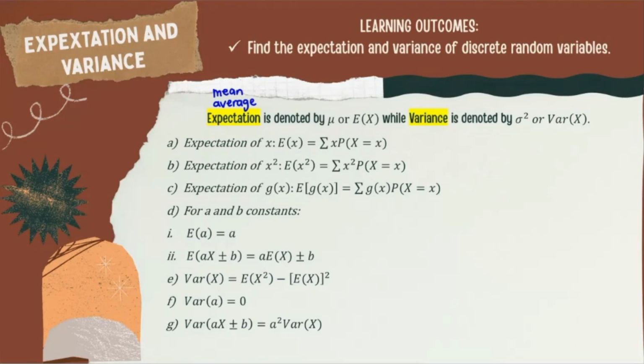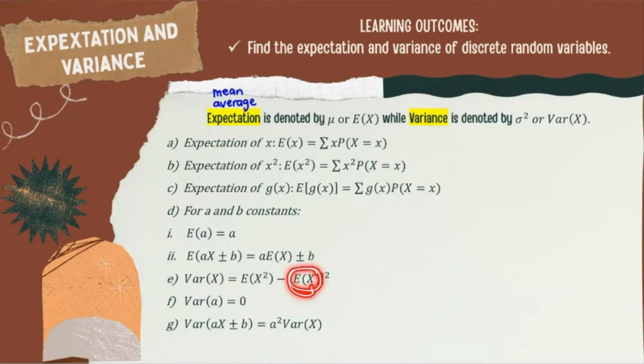Okay. Then if it says find the expectation of a function g(x), what do we do? The g(x) in the bracket is multiplied by its probability. So g(x) will be multiplied by probability, and we find its summation. That is the expectation. For variance, the formula needs the value of E of X squared here and also the value of our expectation itself.